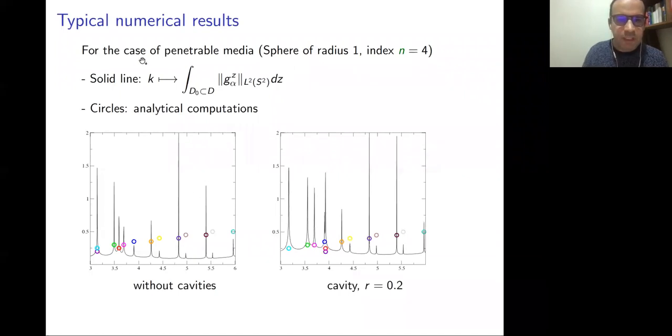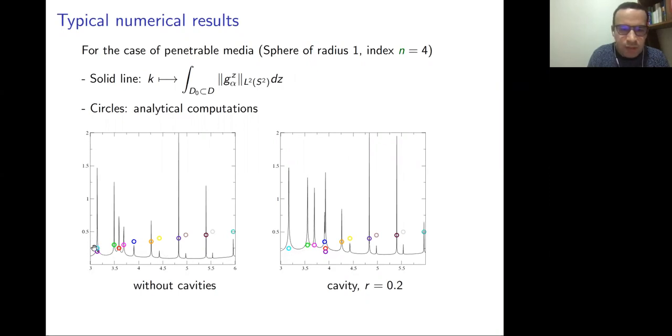Here I present this for penetrable media, but the idea is basically the same. The solid line is this function in terms of k, and the circles are for the analytically computed eigenvalues. For penetrable media, you can see that if we add some defect here, a cavity, this will change the spectrum.